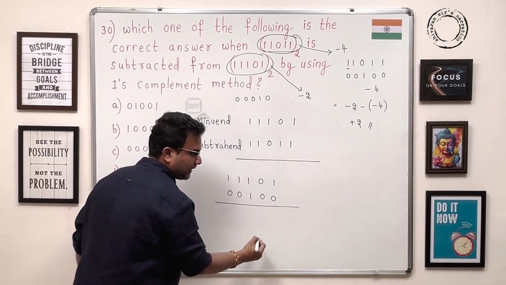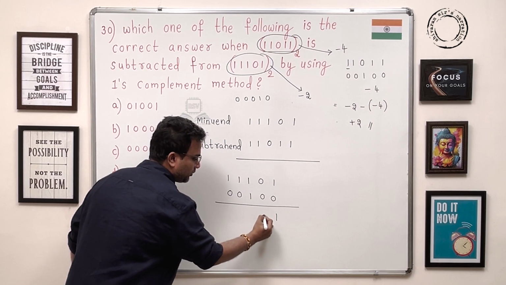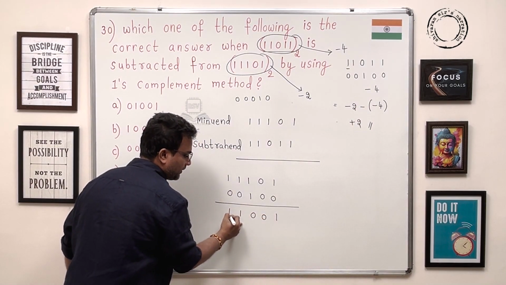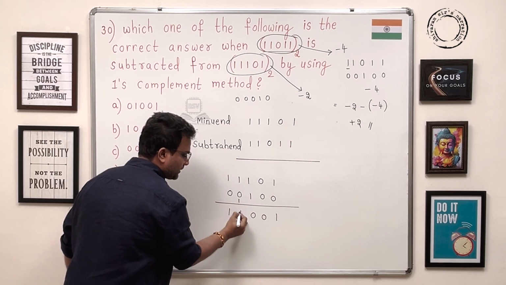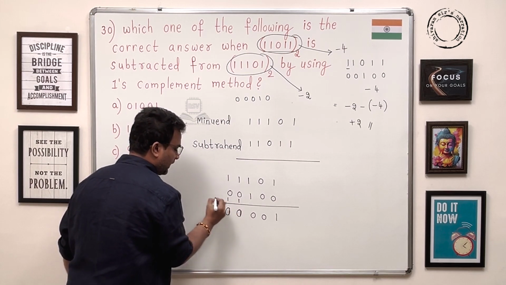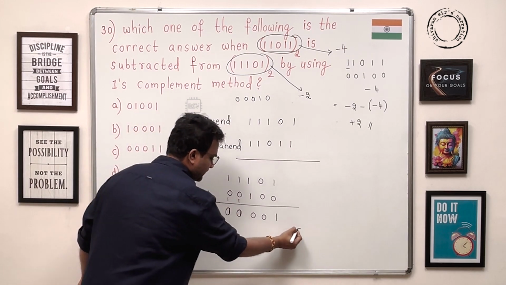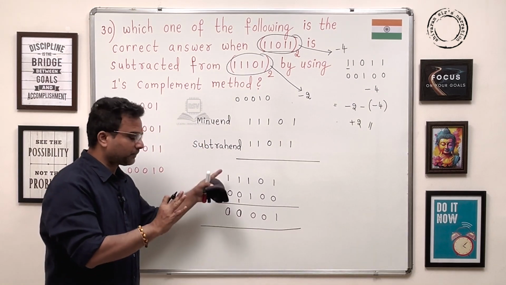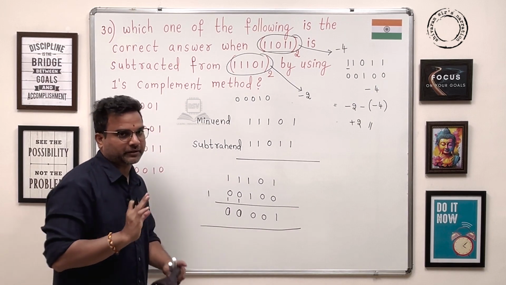Now you add it: 10011. Here again 0 and here it is 1. Then it is 0 and the carry 1. This is what we got when you do subtraction using 1's complement.